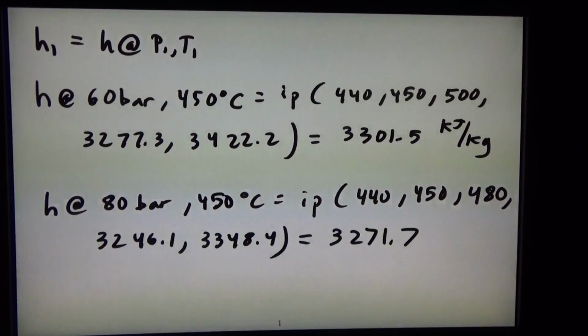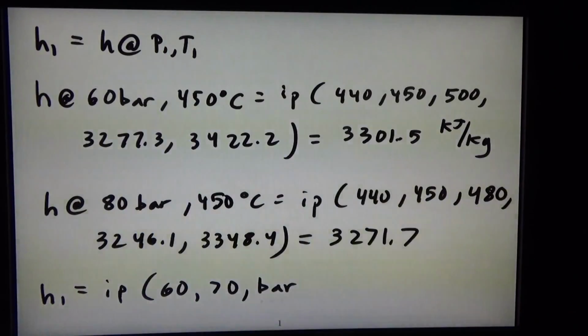Alright, that'll give us our actual H1. We interpolate between the 60 and 80 bar at our value, which is 70. 3301.5 and 3271.7.